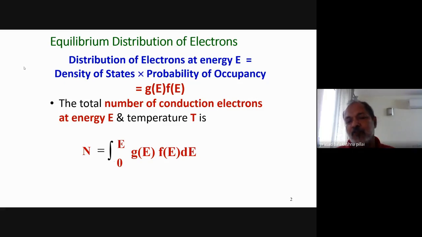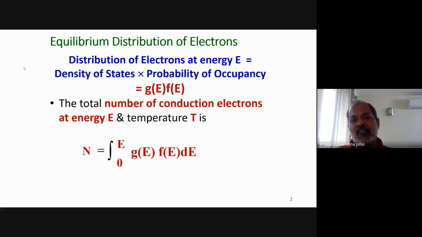Energy band structures help us find the density of states. If you know the density of states in the conduction band, you can find the carrier concentration in the conduction band. Similarly, if I know the density of states in the valence band, it will help me find the hole concentration in the valence band.